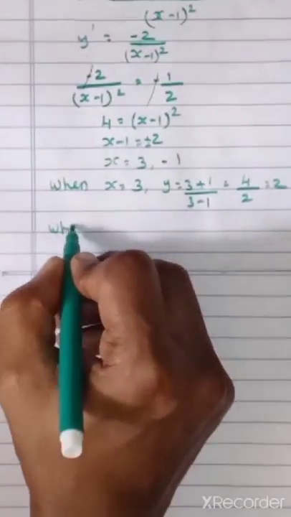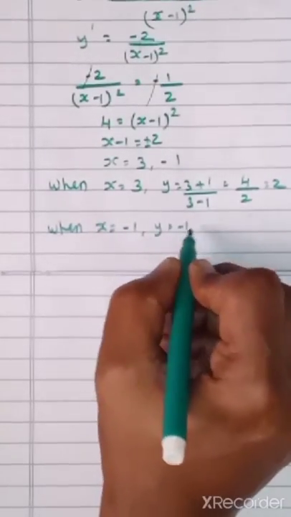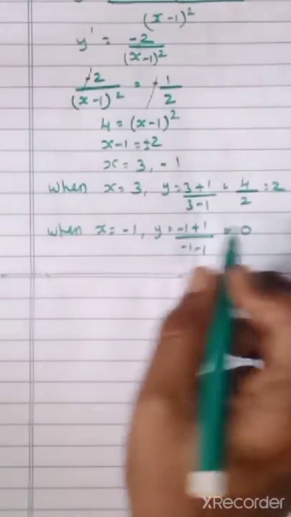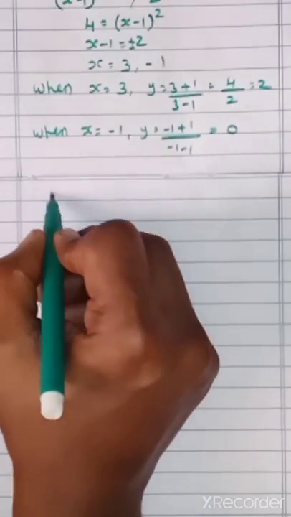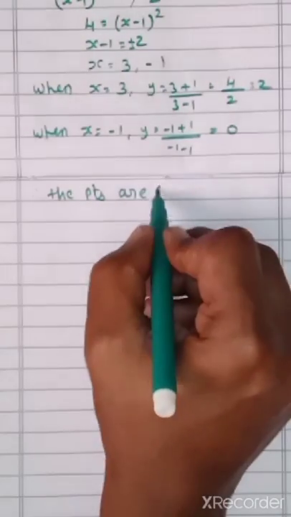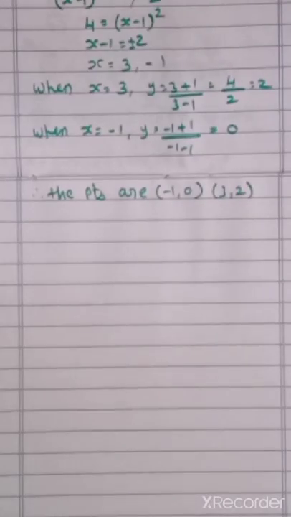Now when x equal to minus 1, y equal to minus 1 plus 1 by minus 1 minus 1, which is equal to 0, because minus 1 plus 1 is 0. So what are the points we have? The points are minus 1 comma 0 and 3 comma 2.